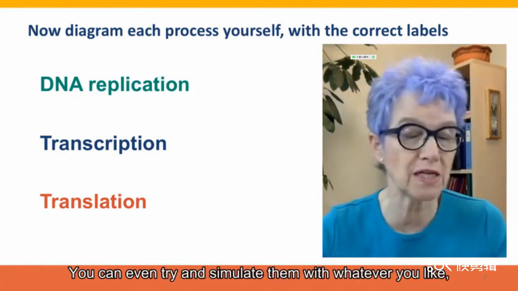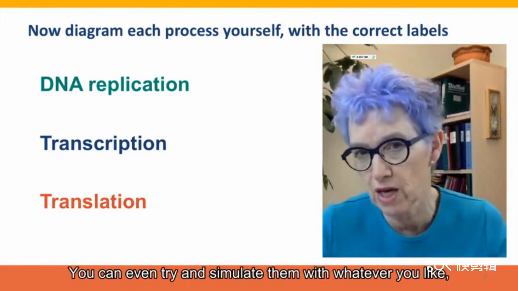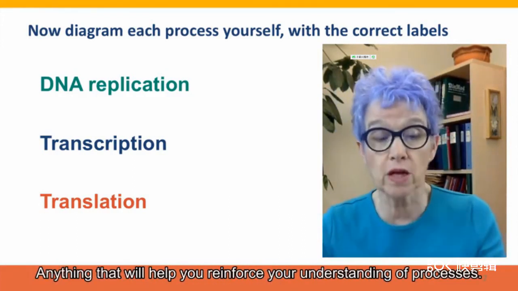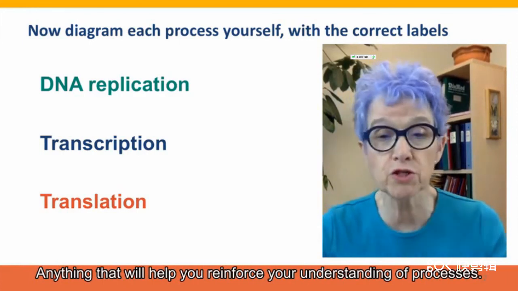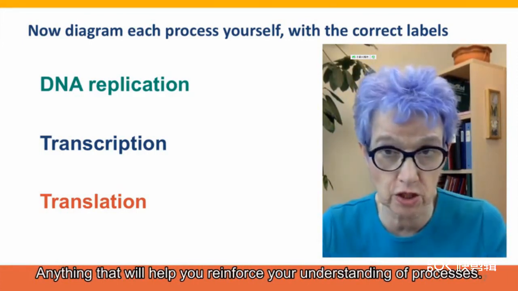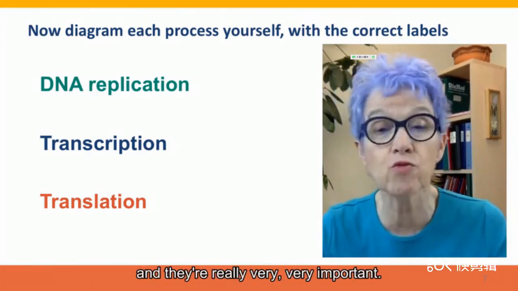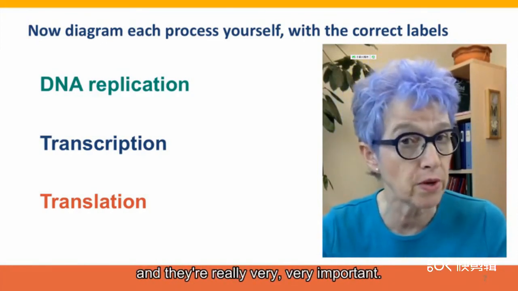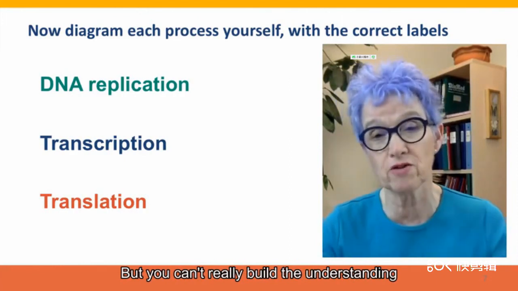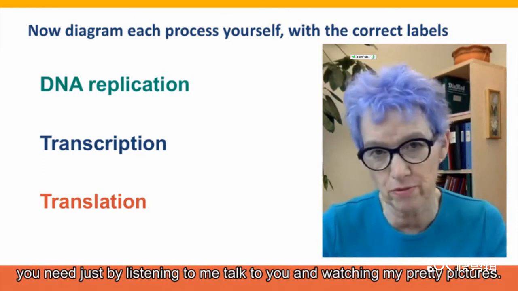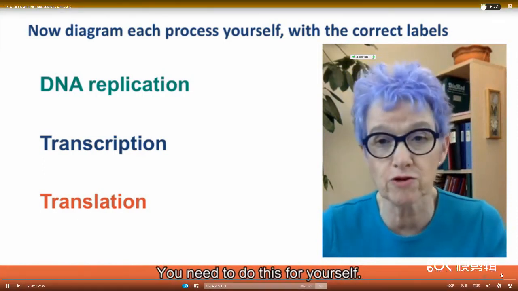You can even try and simulate them with whatever you like, pieces of paper or anything that will help you reinforce your understanding of these processes, because we'll be talking about them a lot in the next few weeks, and they're really very, very important. But you can't really build the understanding you need just by listening to me talk to you and watching my pretty pictures. You need to do this for yourself.